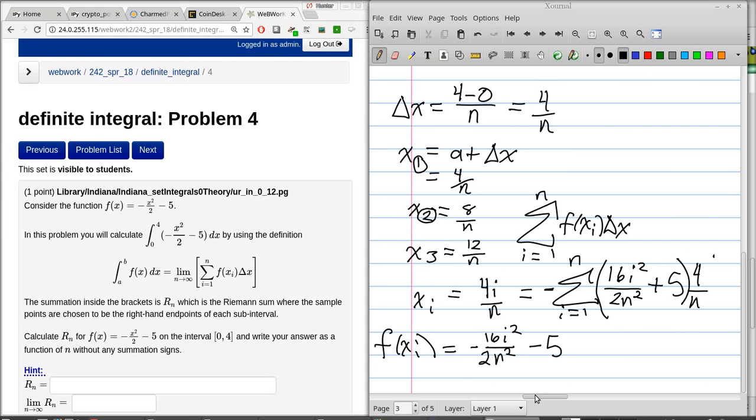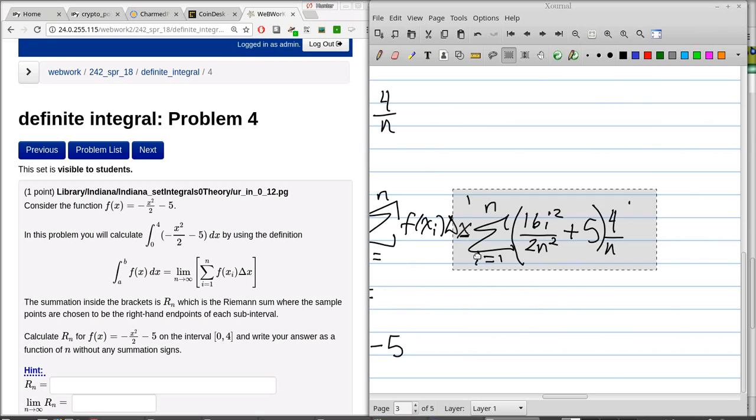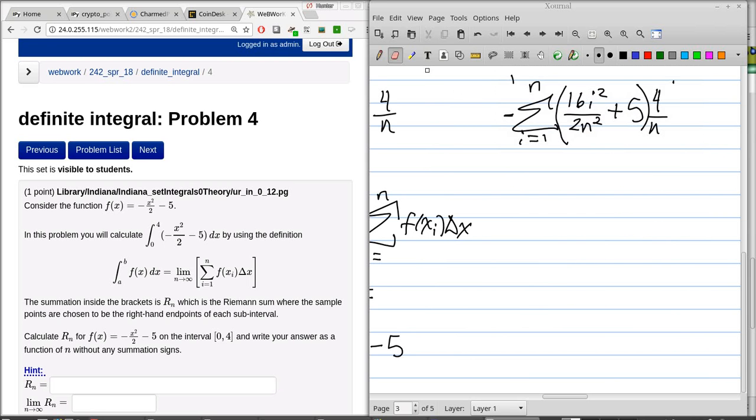Okay, so let's manipulate this thing. What we need to do really is just clean it up, take out everything that doesn't have anything to do with i, and move it up here and delete this little thing. All right.